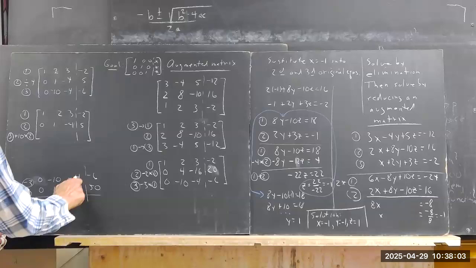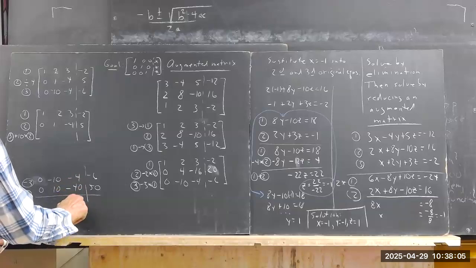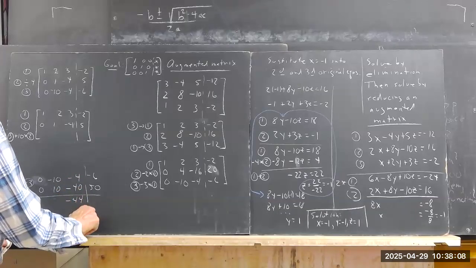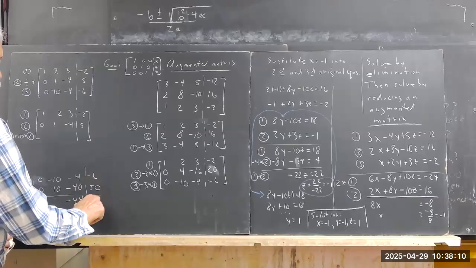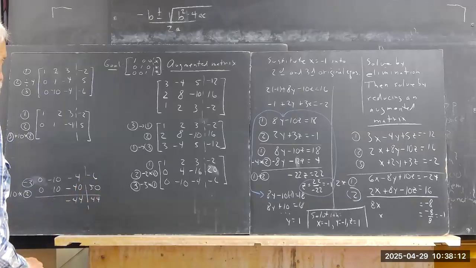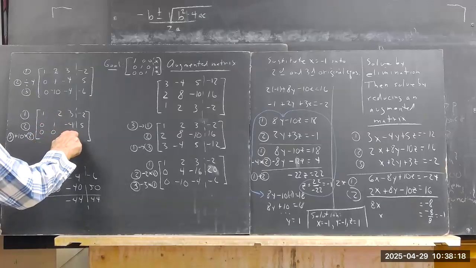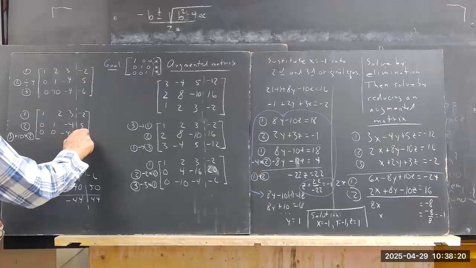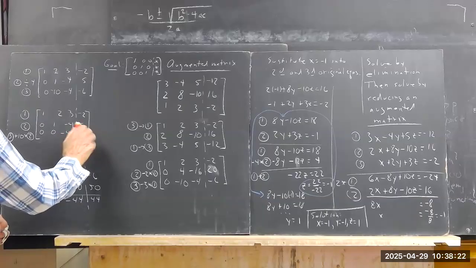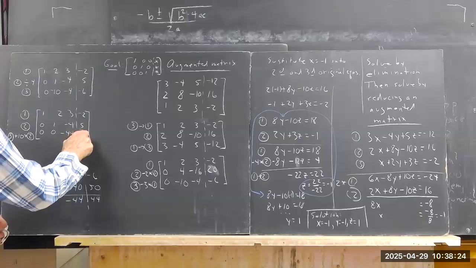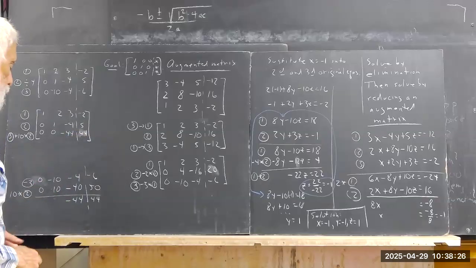When I add these, I get -44 this side, and I get +44 on this side. That gives me 0, 0, -44, 44.